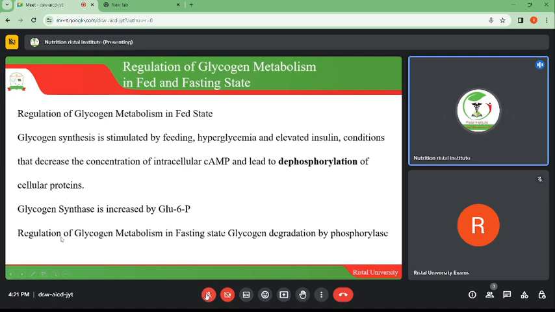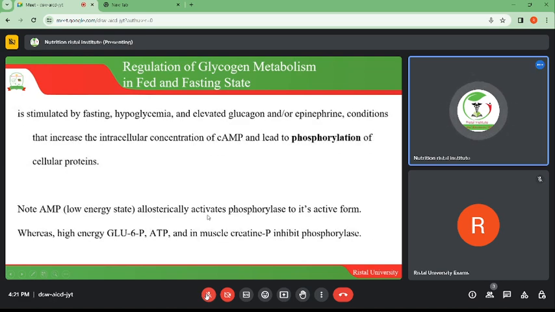So, regulation of glycogen metabolism in the fasting state: glycogen degradation by phosphorylase is stimulated by fasting. When you're fasting, you don't have enough glucose in your body, and certain things take place. One, you're hypoglycemic, meaning there are low glucose levels in your body, and glucagon is activated.